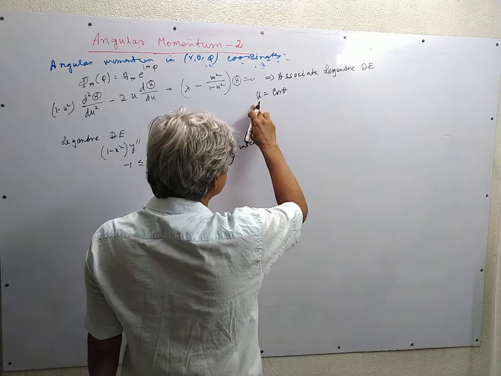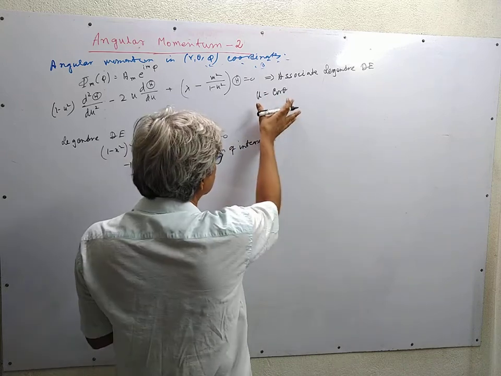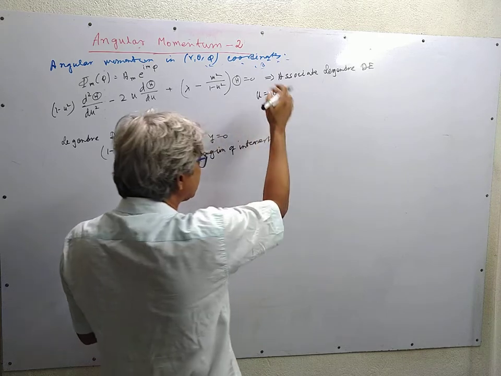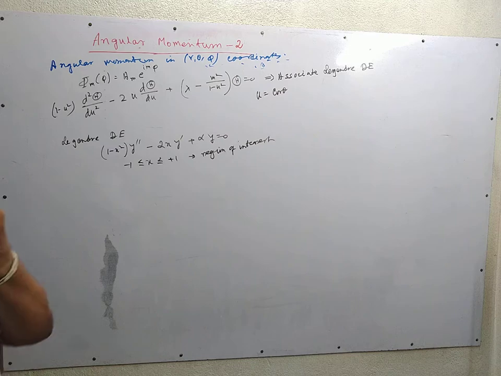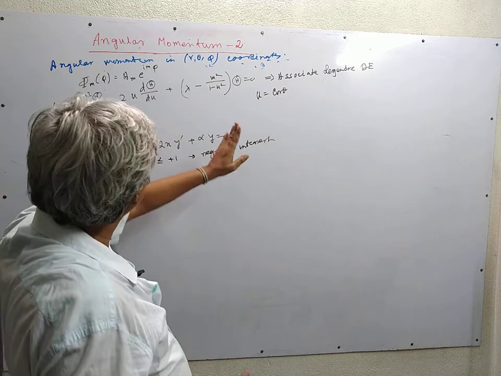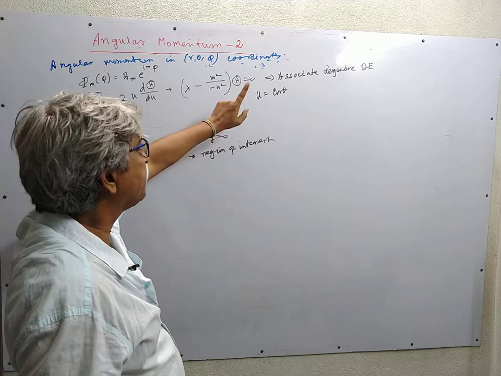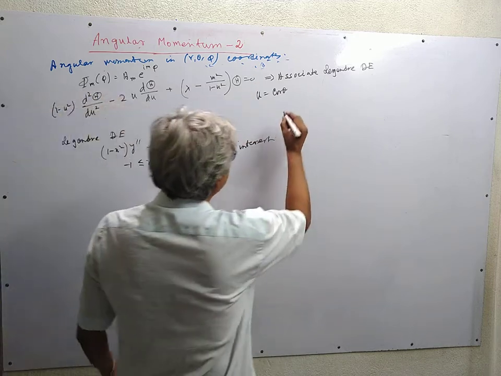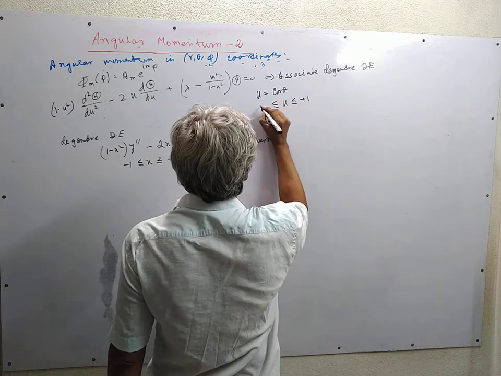U is equal to plus 1 means theta is equal to 0, that is the positive z axis, and u is equal to minus 1 means theta is equal to pi, that is the negative z axis. If we are to include the z axis, then the region of interest would be u between plus and minus 1.